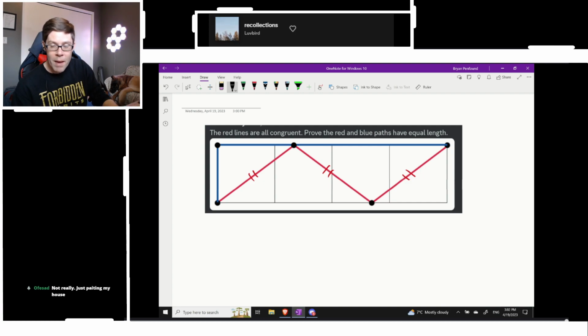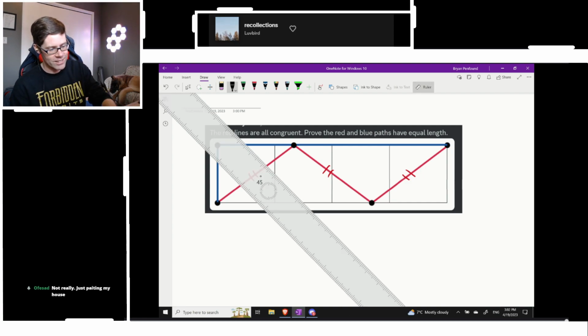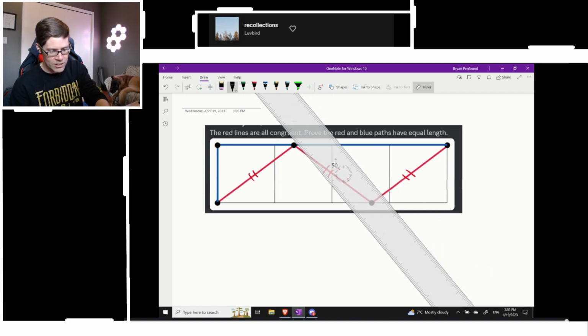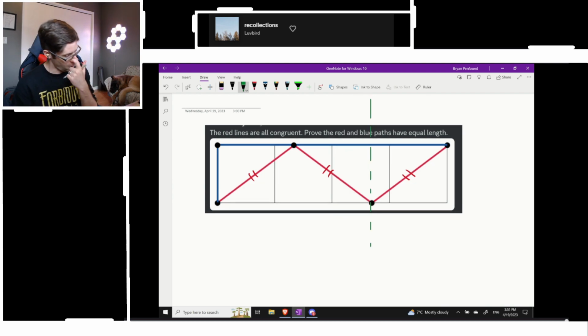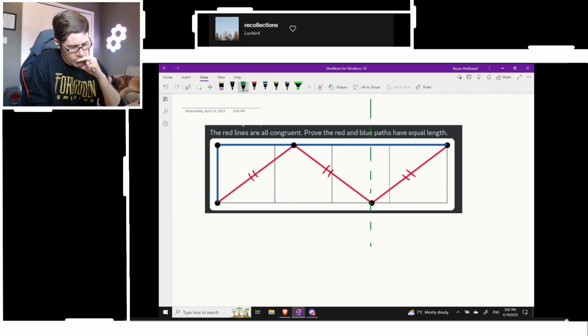Oh, just painting your house. Oh man. Do we get color? Should we guess at the color? Is it blue? Is it white?